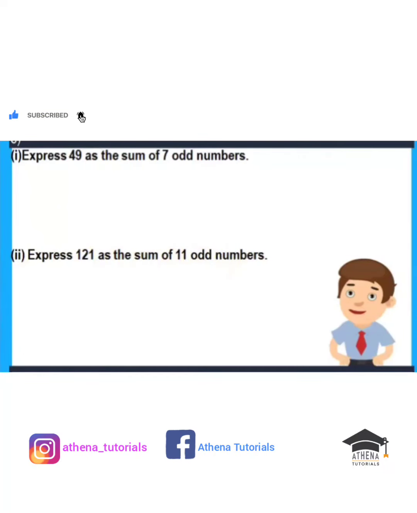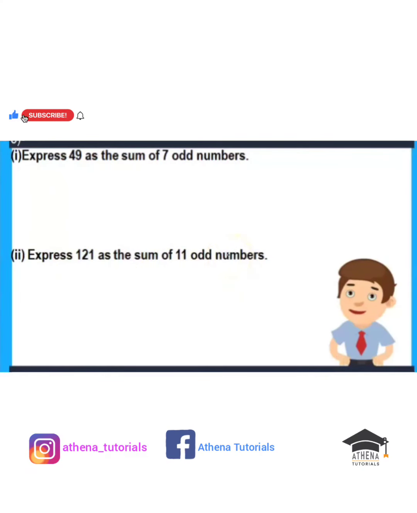Observe carefully, this question is just the reverse of the previous one. In the last question we had to find the sum, but in this question we need to express this as a sum of 7 odd numbers and 121 as a sum of 11 odd numbers.